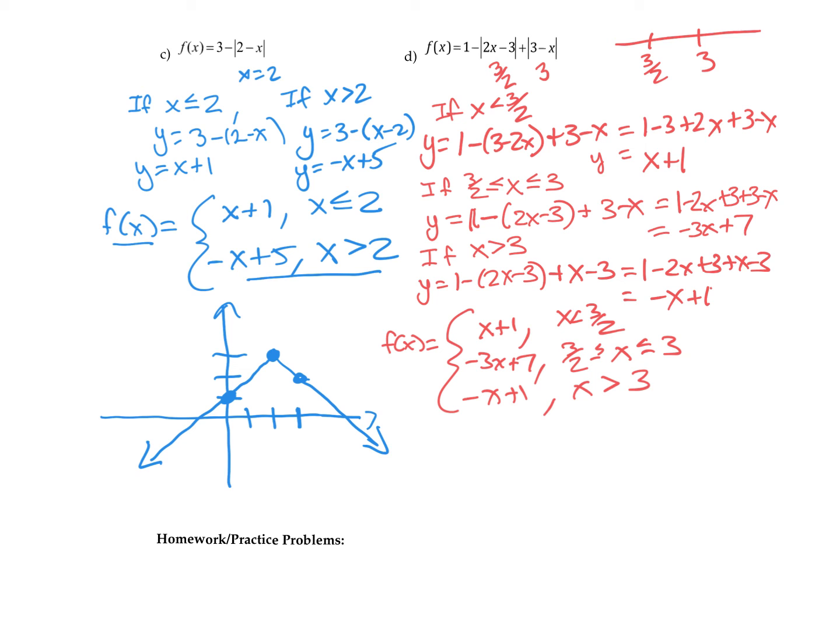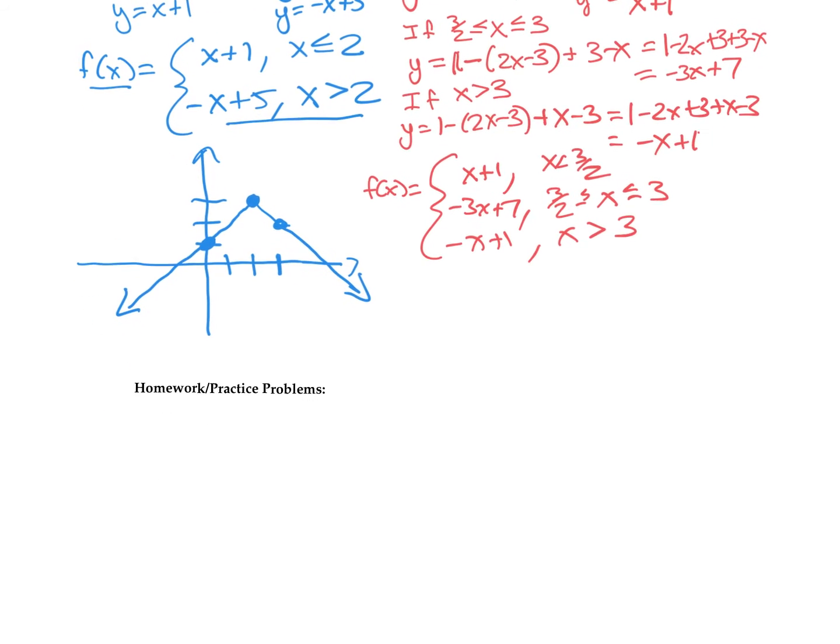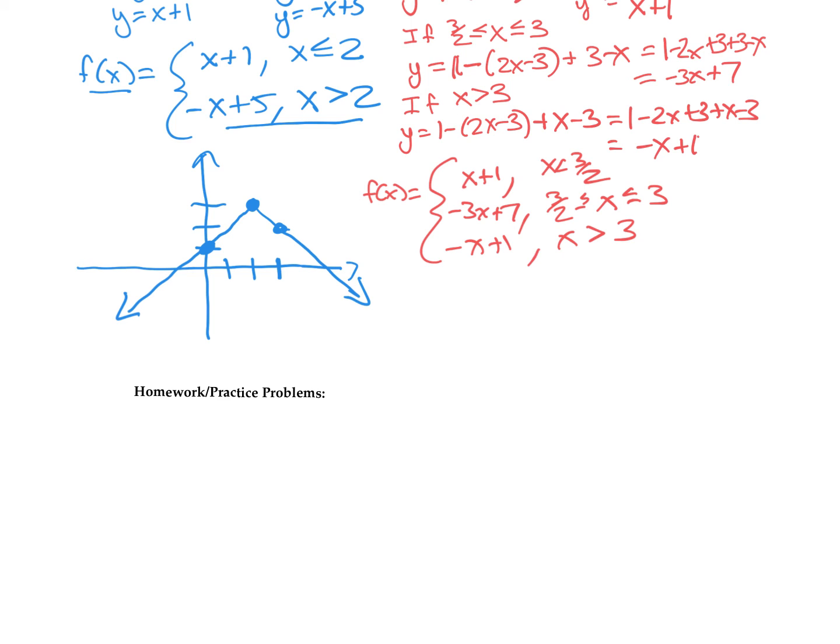Okay, so let's see if we can fit it in down here a little bit, and do our graph. Starting with the top, I'm going to plug in the restriction, which is 3/2. When I plug in 3/2 or 1.5, I get 5/2 or 2.5, so between 2 and 3 here.